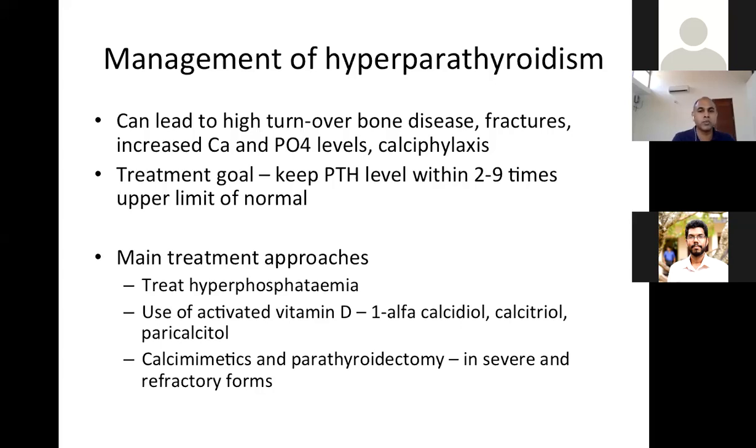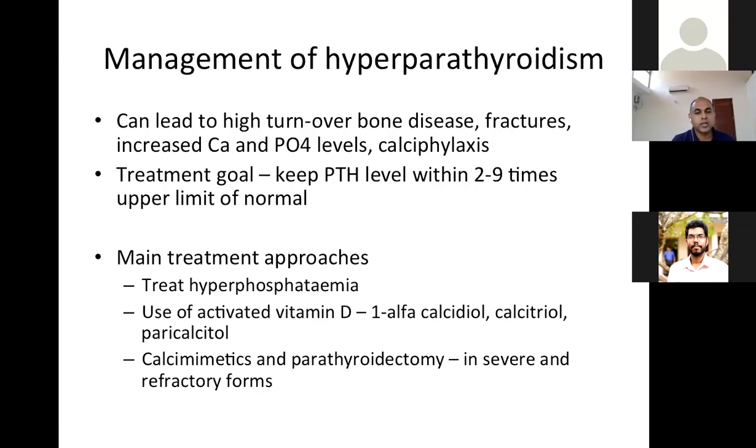So you don't want to make it normal. You can let it be high, but you need to make sure it doesn't go above 9 times the upper limit of normal, because you need high parathyroid level for bone health, especially in CKD patients. But excessive PTH level can lead to fractures and also increased calcium and phosphate levels in the blood.